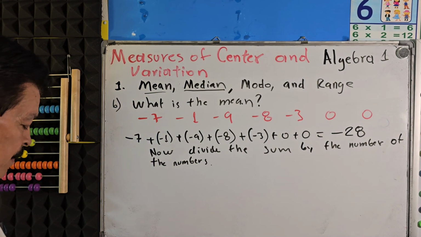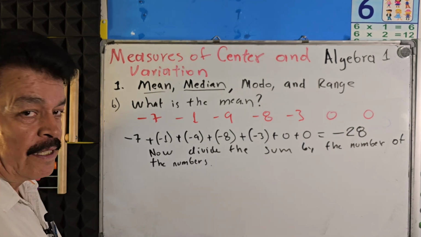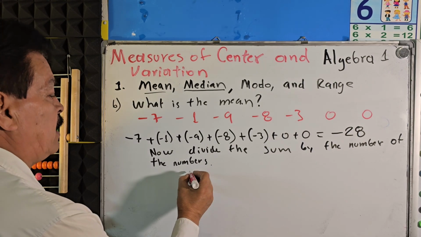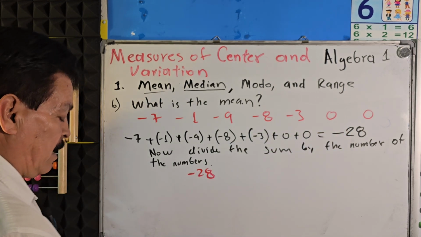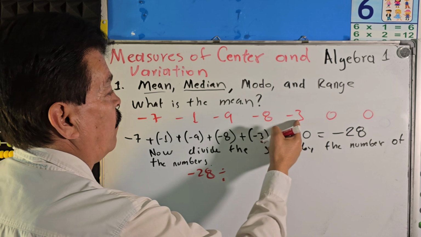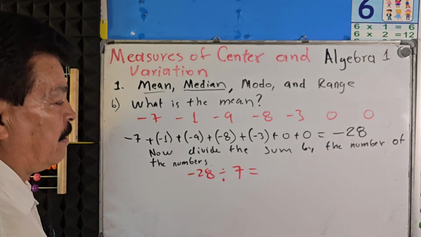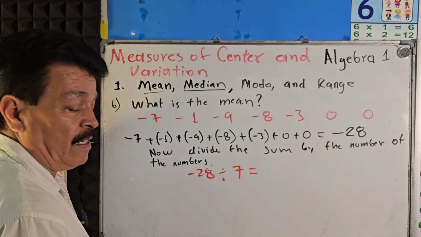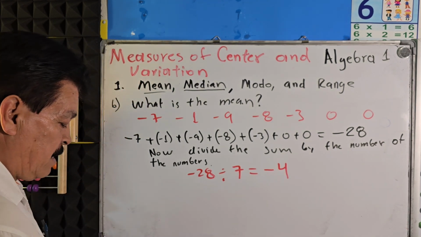So then we will have, let me use this color. We have negative 28, negative 28. That's the sum divided by, I told you, 1, 2, 3, 4, 5, 6, 7, by 7, right? How much is 28 divided by 7? This equals negative 4, right?